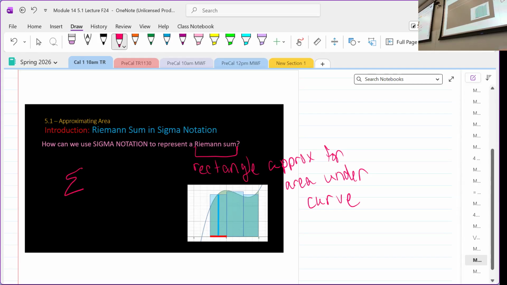Just in a very generic sense, from k equals 1 to 3, I've got the width times the height for each rectangle. So I can use my sigma notation to say add those 3 rectangles.